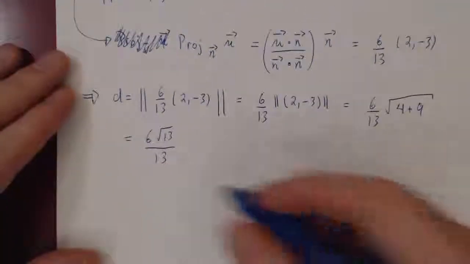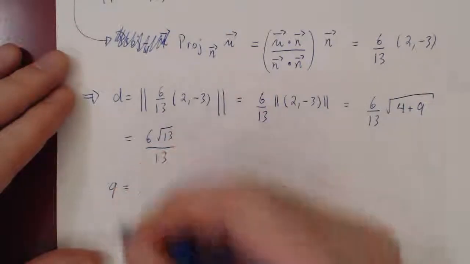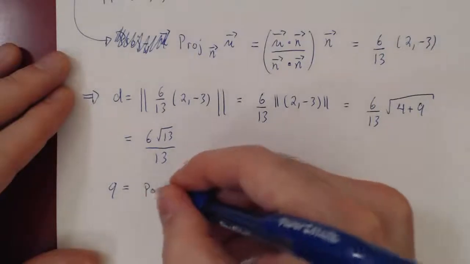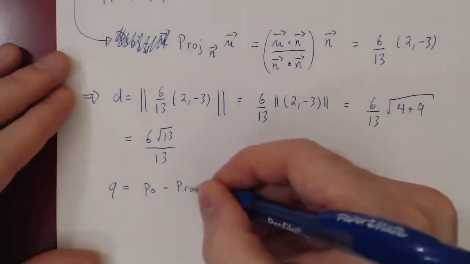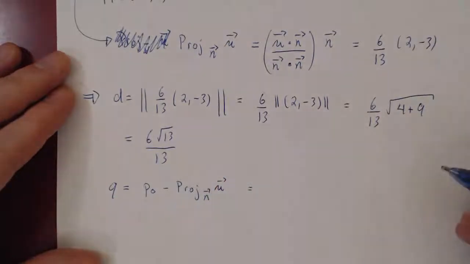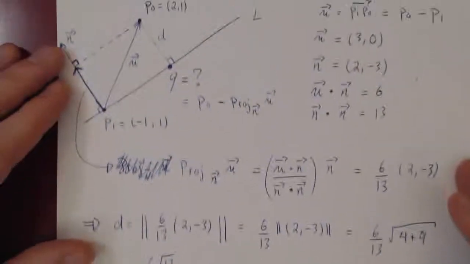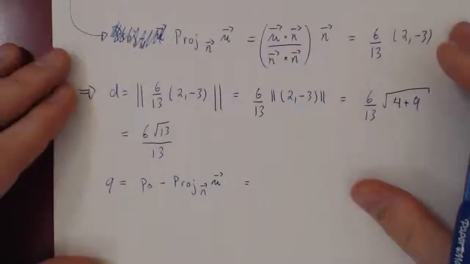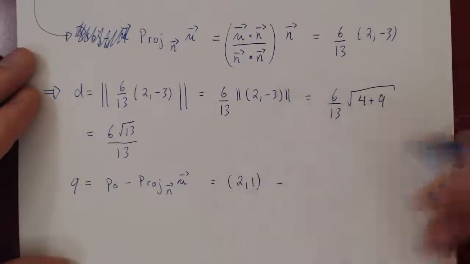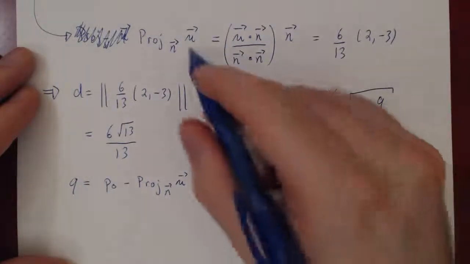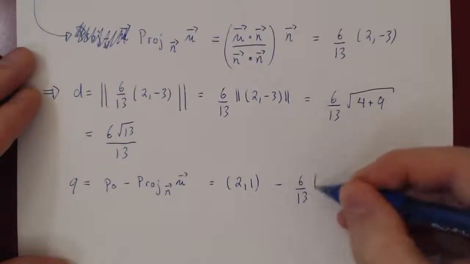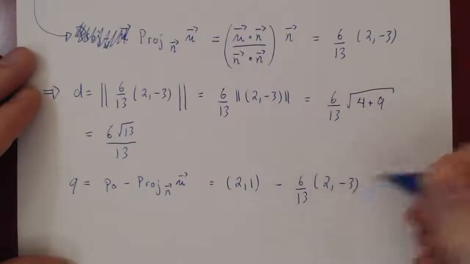So the point Q that lies closest to P naught and is on the line is given by P naught minus the projection of u onto n. The point P naught, if you look up, has coordinates 2, 1. So it's 2, 1 minus the projection of u onto n, but that is just 6 over 13 times the coordinates 2, negative 3.